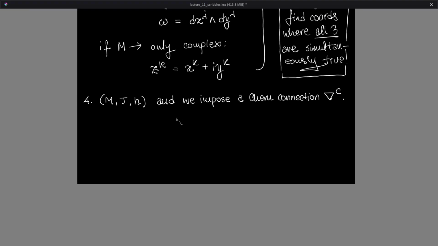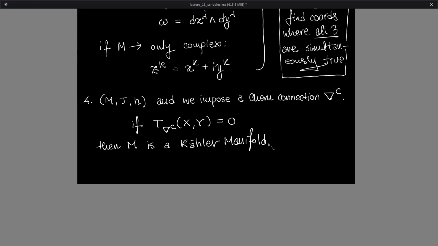And so then if the torsion T of nabla^C (X, Y) is equal to 0, then M is a Kähler manifold. This is the fourth and final definition of a Kähler manifold that we're going to look at. If the Chern connection is torsion free, then we get a Kähler manifold.